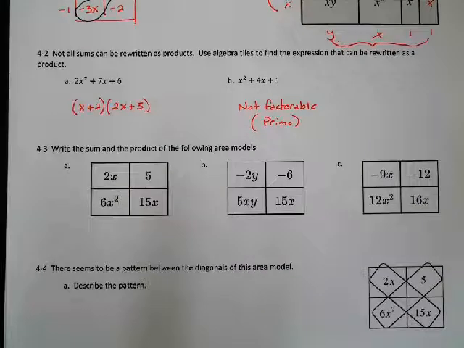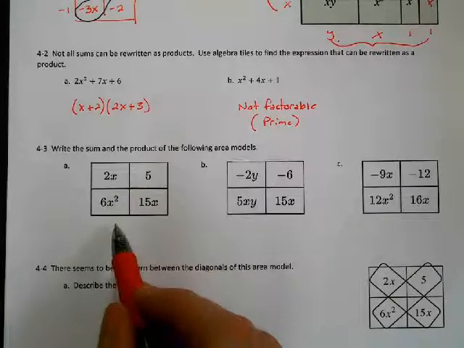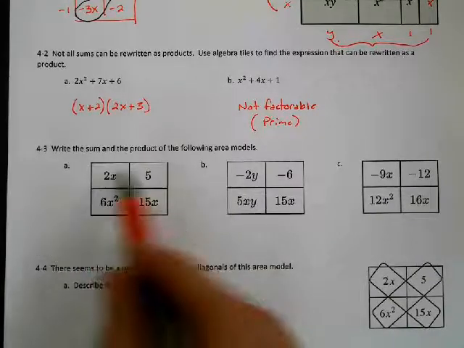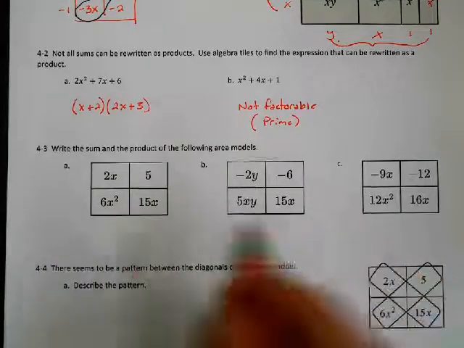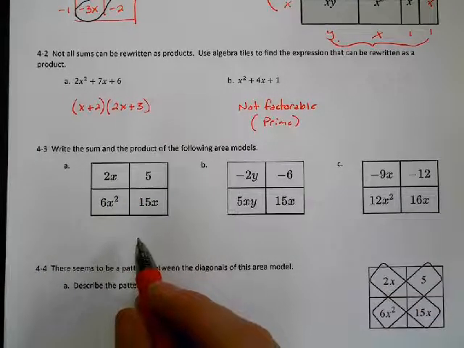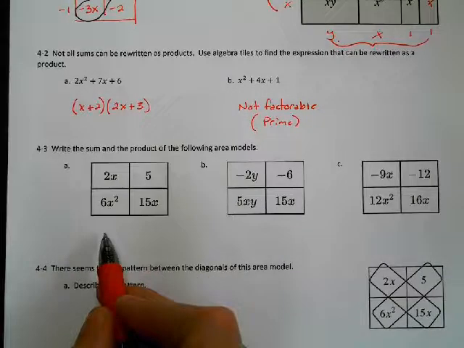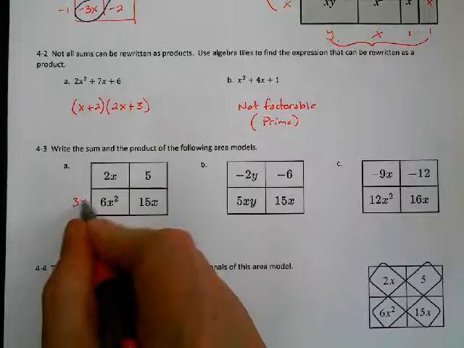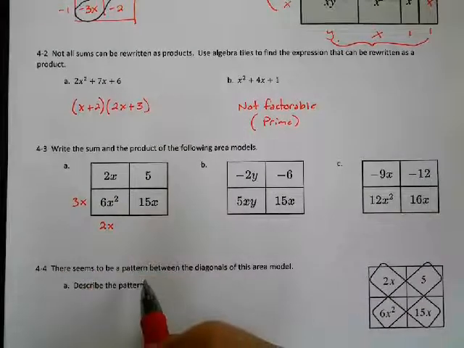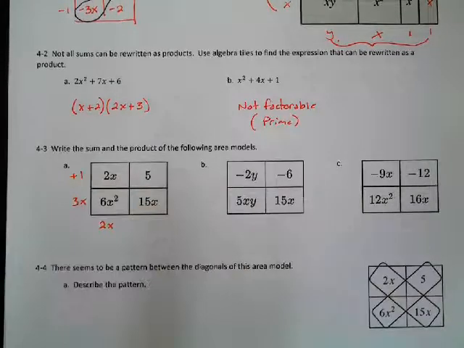So here I've got an area model problem. I'm going to find out what the product is. I've already got the sum right here, well, most of it. I'm going to write the product. So this is 6x squared, and that's 2x. So I think this should be 2x, and this should be 3x, because that's how I get 6x squared. And then 2x times what equals 2x? 2x times 1 equals 2x up there.